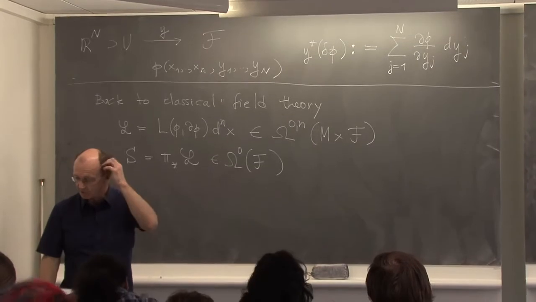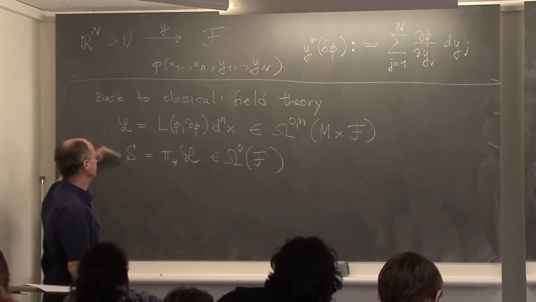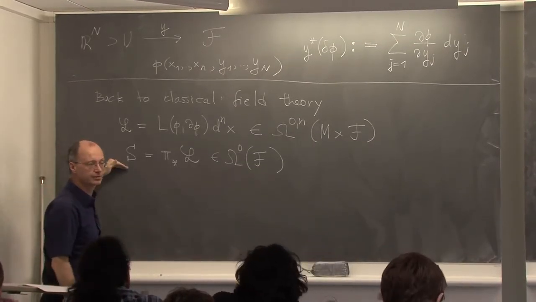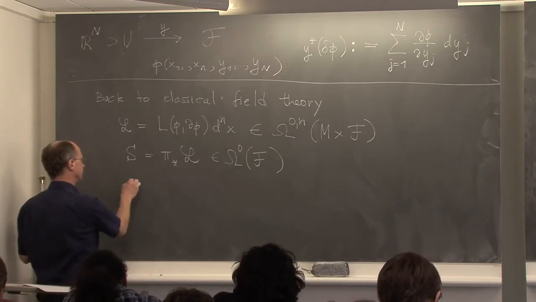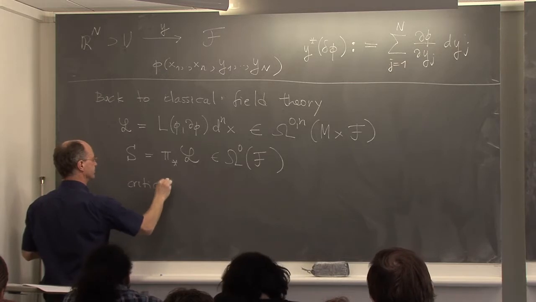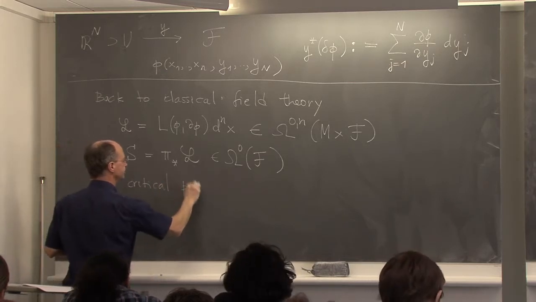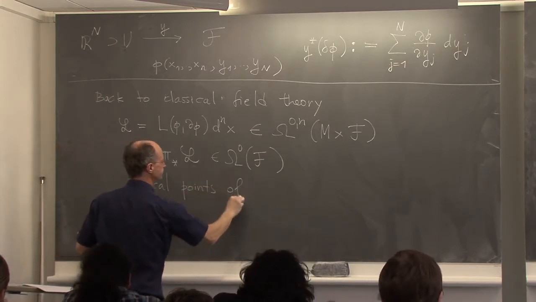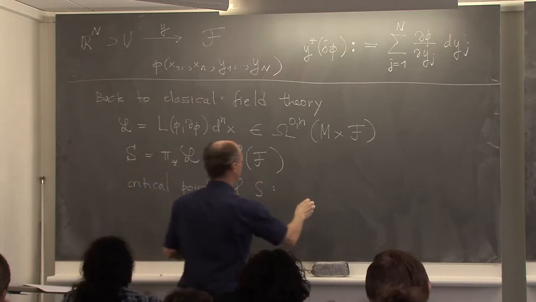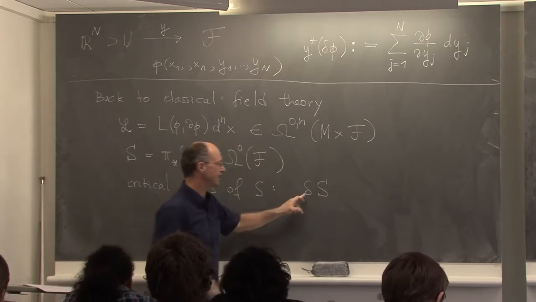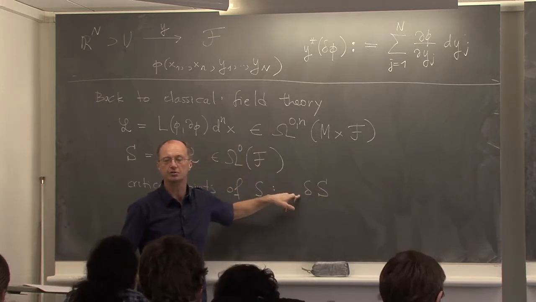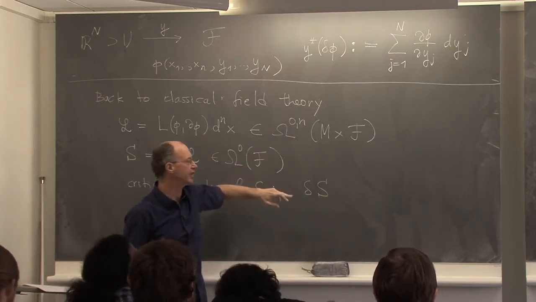Now, what about the calculation that we were making, this variational calculus? Well, we want to look for critical points or critical maps of S. And for that, we want to take its differential. So now delta, that's how we arranged our notations.